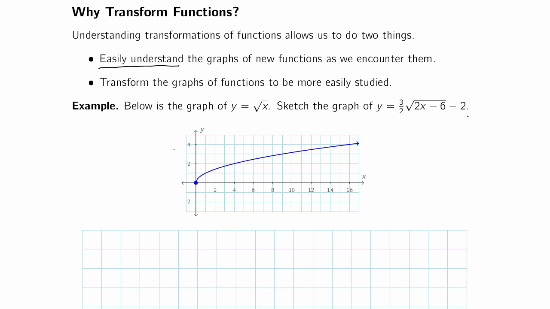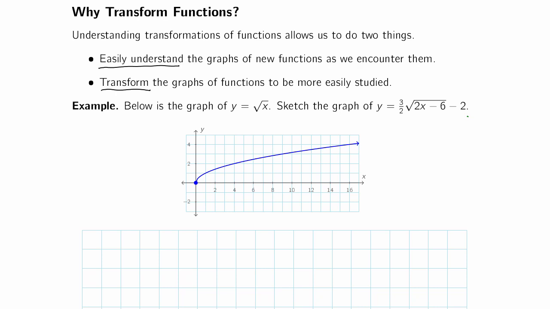We also want to be able to say, this graph is very complicated. I would like to translate it somewhere and scale it somehow so that it becomes easier to deal with. We'll do this especially often in physics, where we'll set up our coordinate system to make the actual math easier.